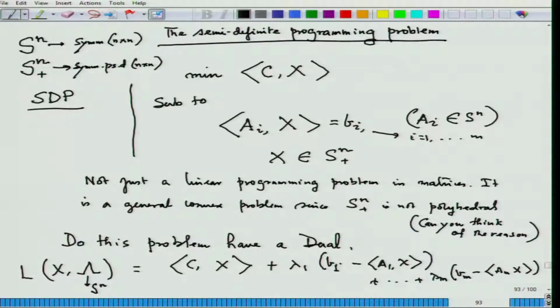Once I have constructed this, the clever trick is that I am not including this hard constraint, that x has to be positive semi-definite, into the Lagrangian framework, because I cannot write it down in the form of inequalities.